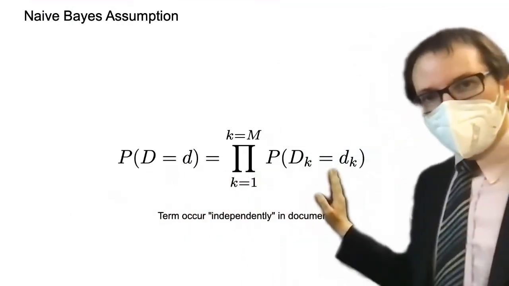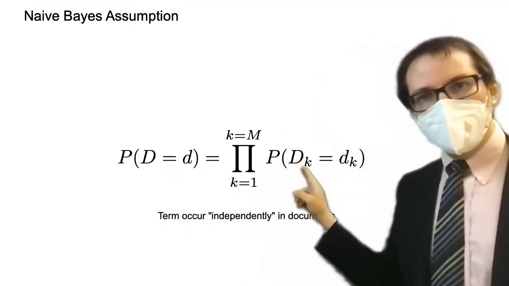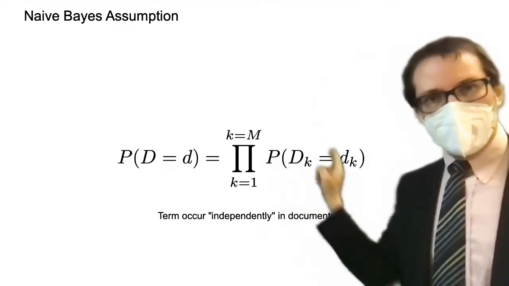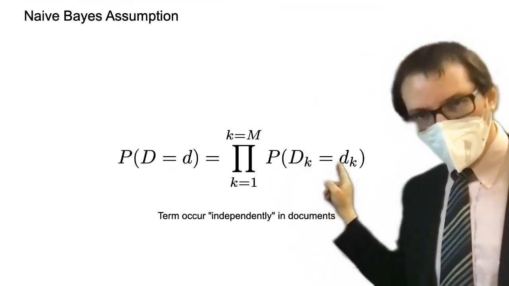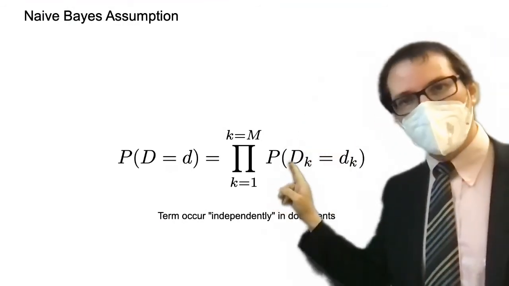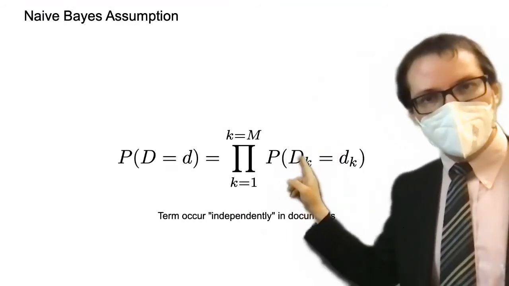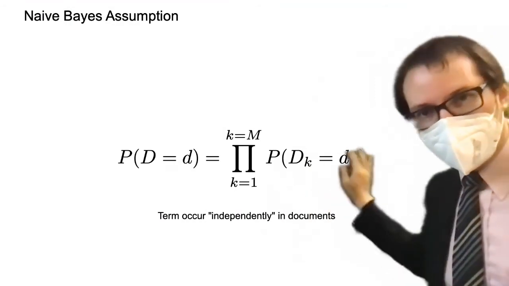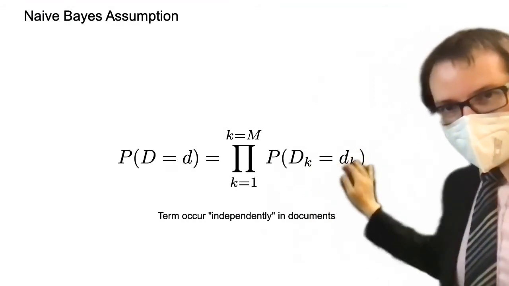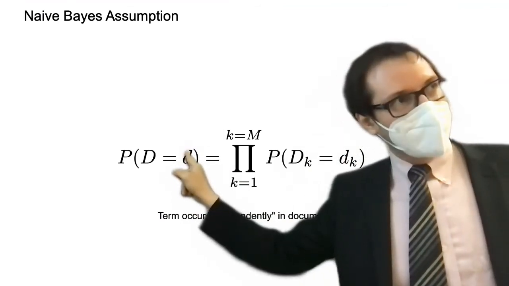What does this mean? Well, it means the probability that d information equals 1, multiplied with the probability that d retrieval equals 0, multiplied with the probability that d ETH equals 1, multiplied with the probability that d Zurich equals 0, right? I really hard code the ones and zeros from the document that I'm testing, right?